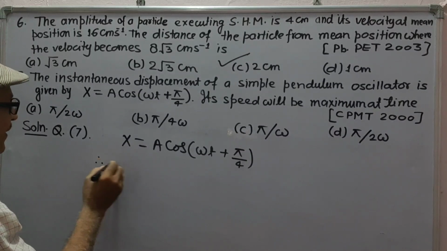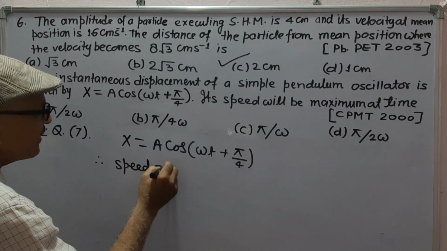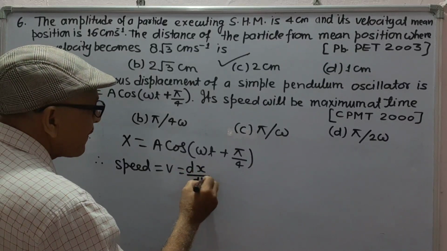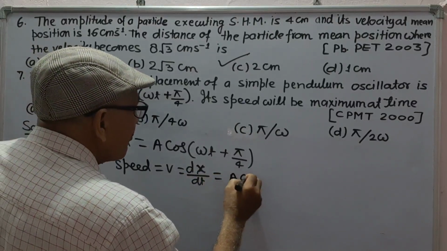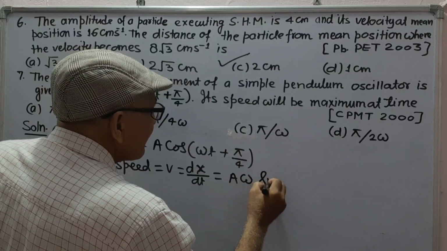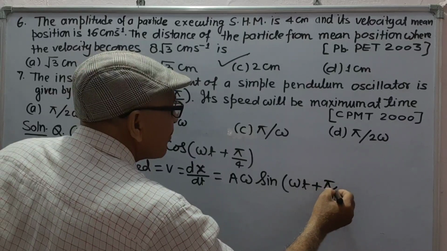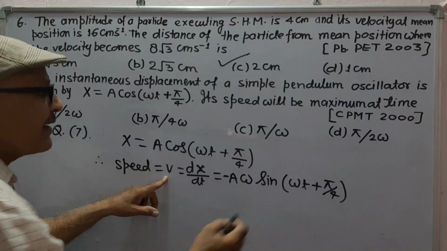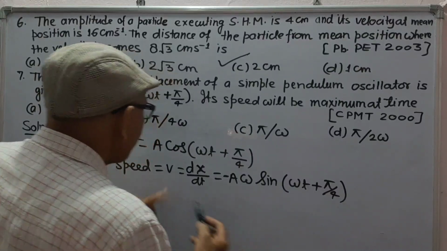Therefore, speed will be equal to v is equal to dx upon dt, that is a omega sin omega t plus pi by 4 with minus sign. When v is maximum, then sin omega t plus pi by 4 should be 1.